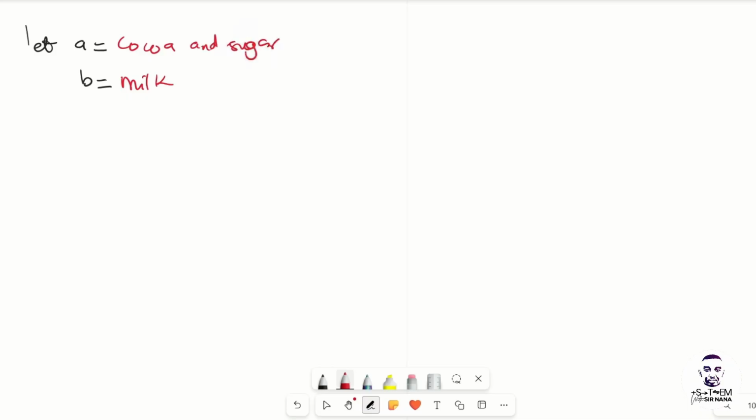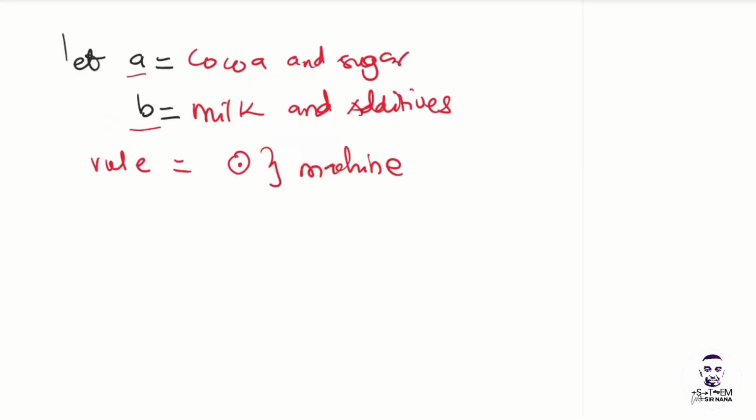We want to include sugar so that they become two items, so that we have two variables, A and B. And then we can say let the B be milk and additives. Right. So we are going to use a rule. So the rule here can be, let's say, any symbol at all. So you can just put this symbol. So this represents the machine that we saw in our picture, right?